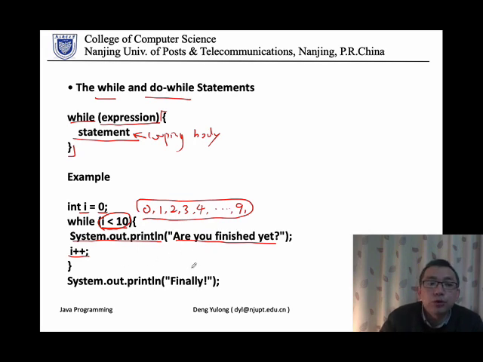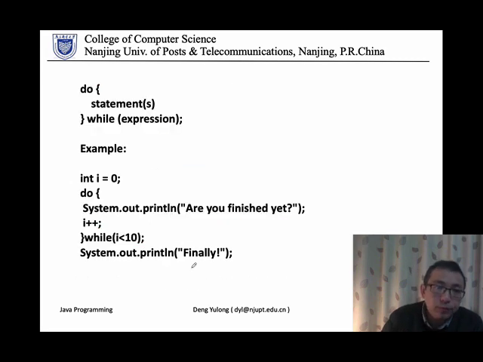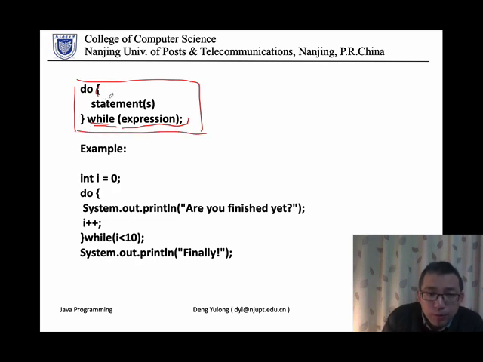Okay, so this is the while loop structure, the while statement. And the same for the do while. The difference from while is that the looping body comes before the while statement. Inside the while is still an expression whose value should be a boolean. In this do while structure, the looping body will be executed before the expression is evaluated.